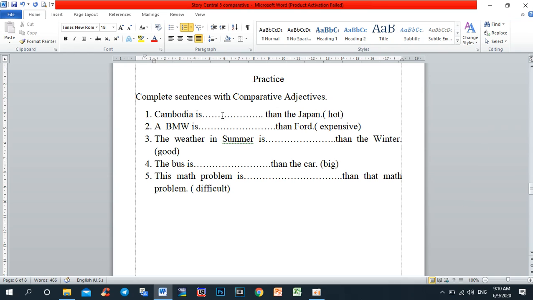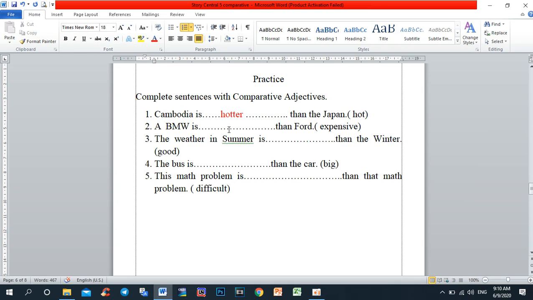Hot. So it is hotter than Japan. So why do we double T? Because T is a consonant standing after a vowel, so you need to double the consonant. Cambodia is hotter than Japan.